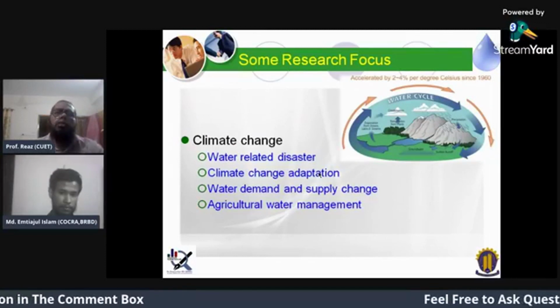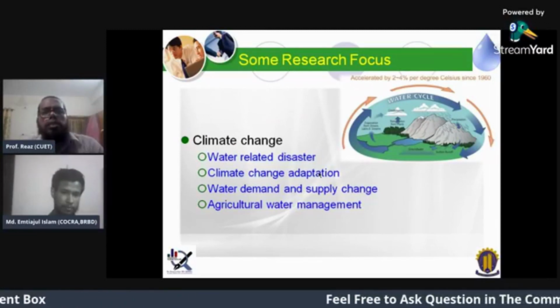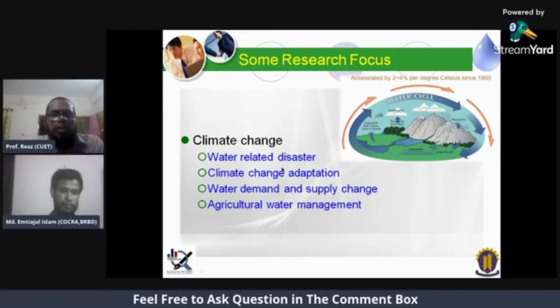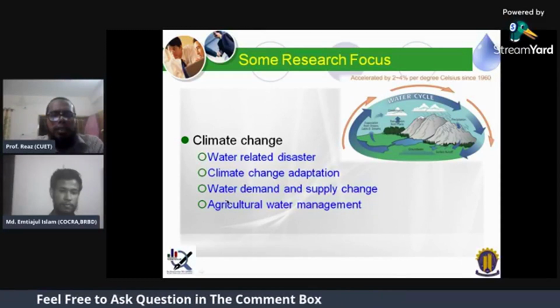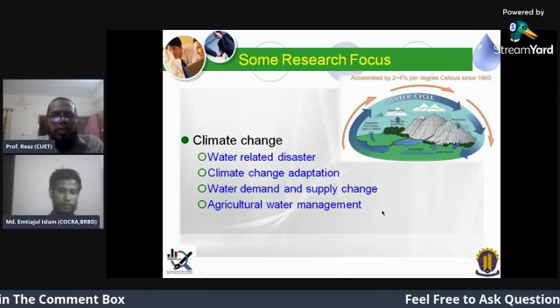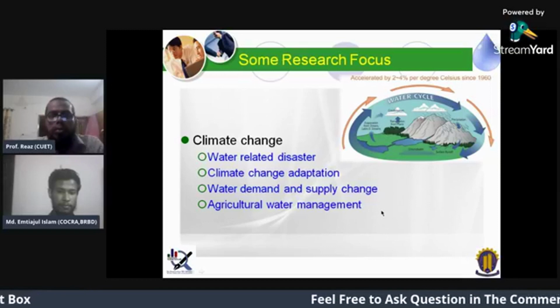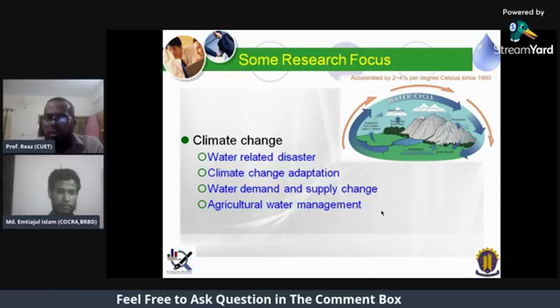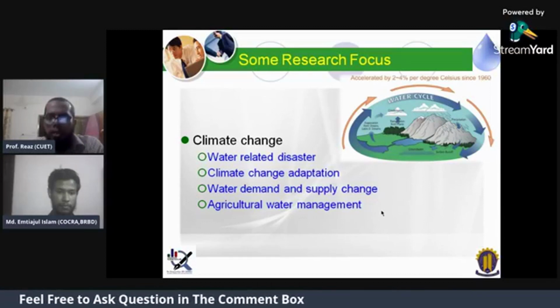Climate change, a very hot topic for the research, and everything is related to water. Water related disaster, climate change adaptation, water demand and supply change due to the climate change. Agriculture water management is also a very important area of research for these water issues and due to climate change.